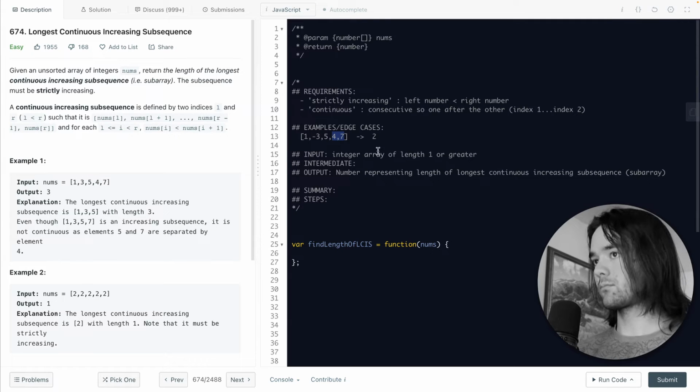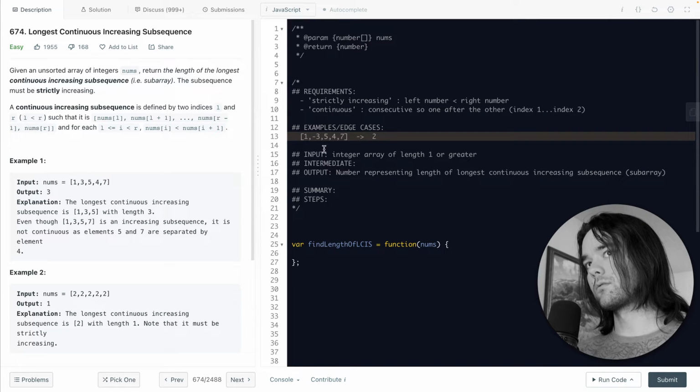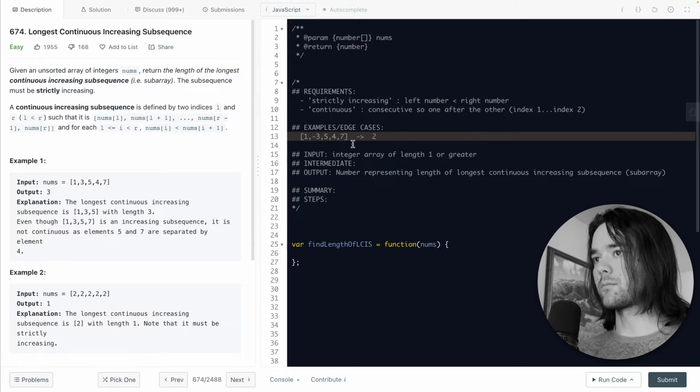Because the 5 to 4 would represent a break in the chain of consecutive increasing elements.